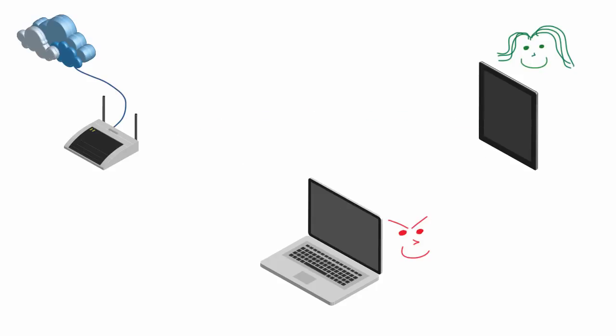Then we can continue with the second part of the attack, which is the DNS spoof. Whenever Emily starts going to websites, she needs to know the IP address of those servers. She goes to bankofamerica.com, and she knows the domain name, but in order for computers to connect to that server, they need the IP address.